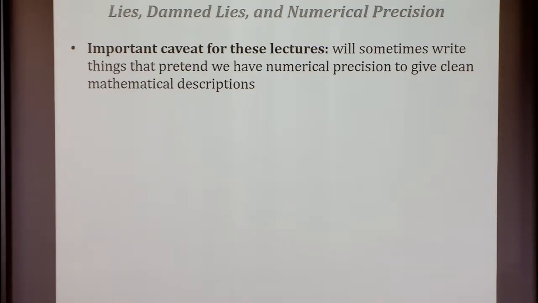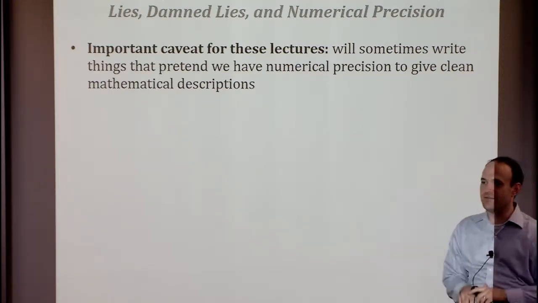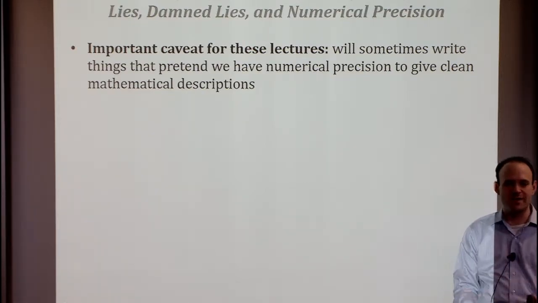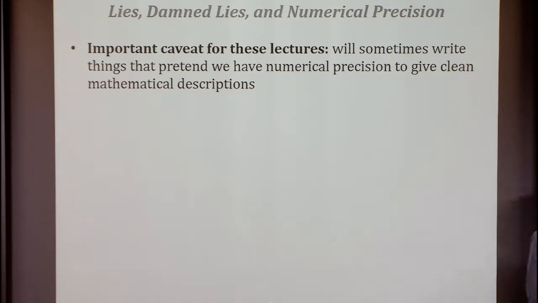I think it hides the ideas if you write the numerically stable versions in the first cut. So I'm going to write things that are correct assuming infinite numerical precision, because they have the clean mathematical structure that makes what's going on make sense. And I'll say a couple words, but I'll largely brush under the rug the right way to implement them so that you don't do something horribly wrong.